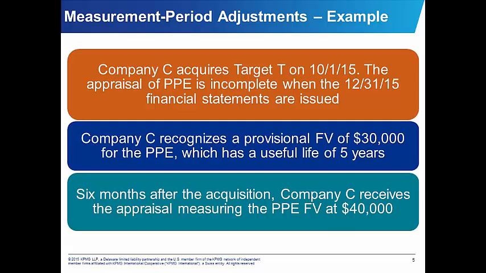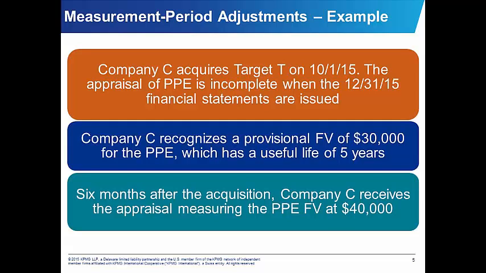Company C's financial statements are available to be issued on February 28th of the following year, and the appraisal of the PP&E is incomplete at that time. Company C's preliminary estimate of the fair value of PP&E is $30,000, and they recognize a provisional fair value of $30,000 in the December 31st financial statements.